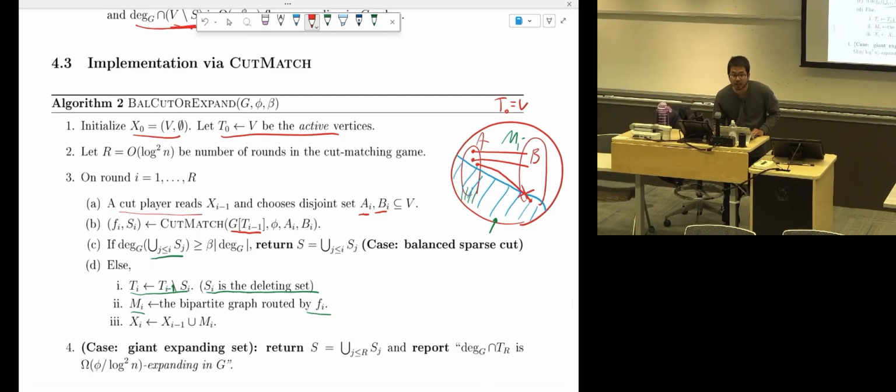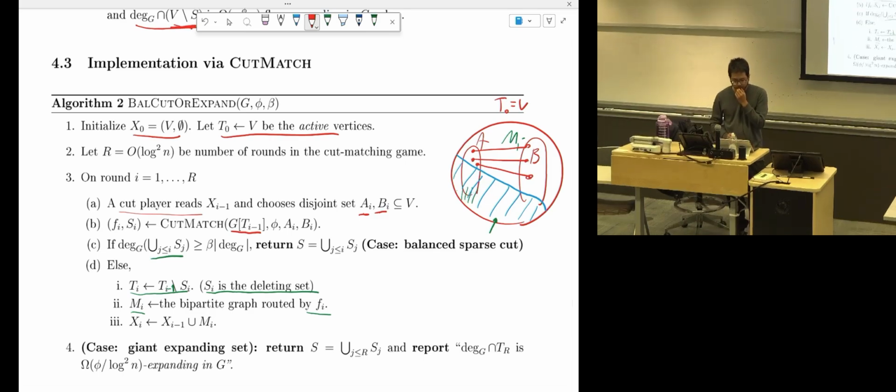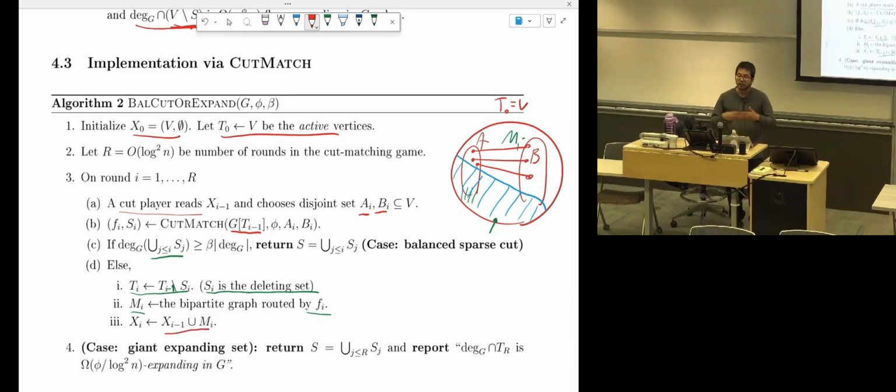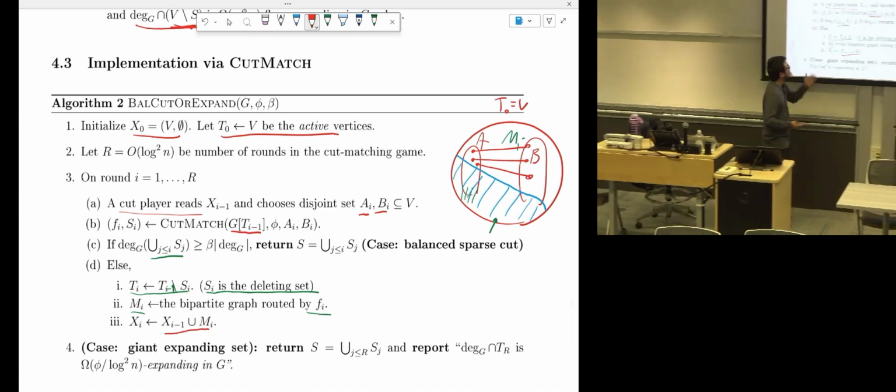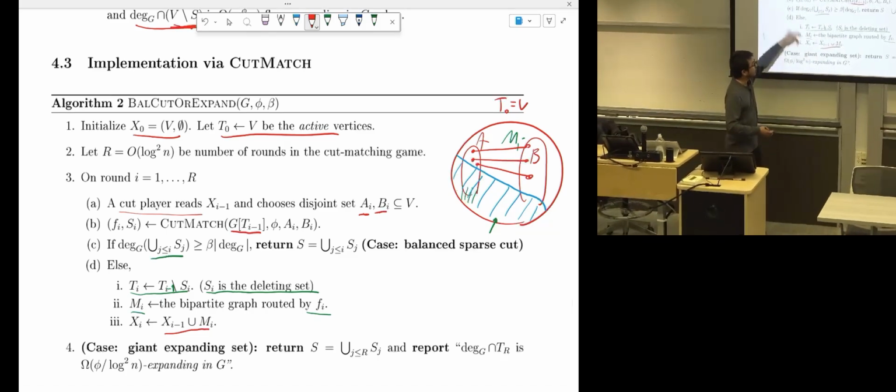We don't want that. We just mesh here. And that's our meshing. This is our meshing. And we add it to X and continue, and just keep doing this.